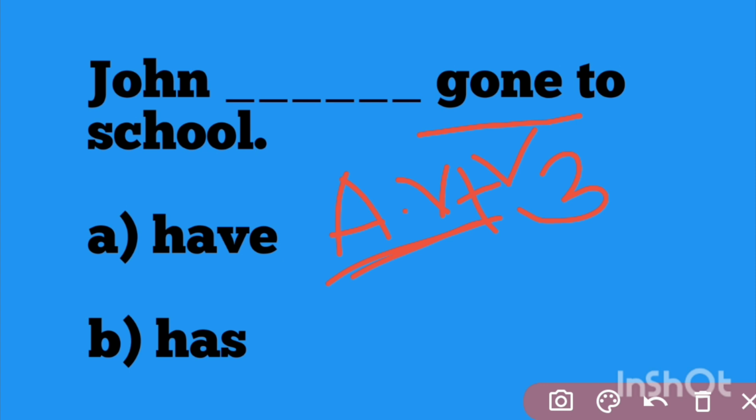Now my dear friends, have is plural and has is singular. Has is used with a subject which is third person and singular in number. Friends, this is basically part of subject verb agreement.